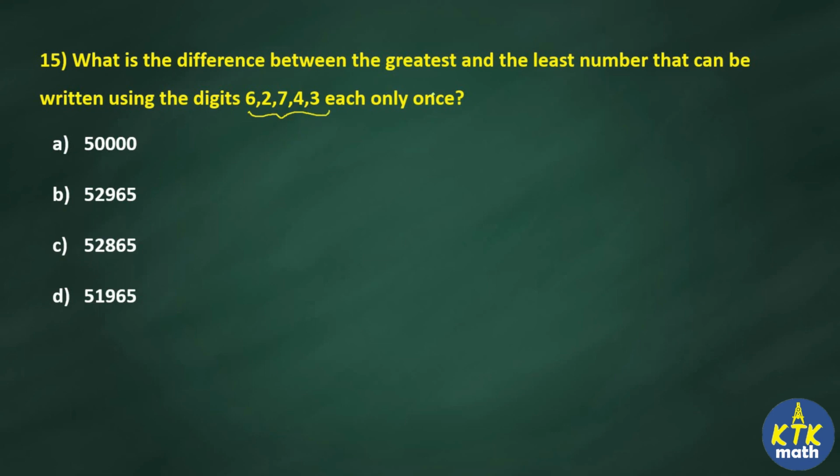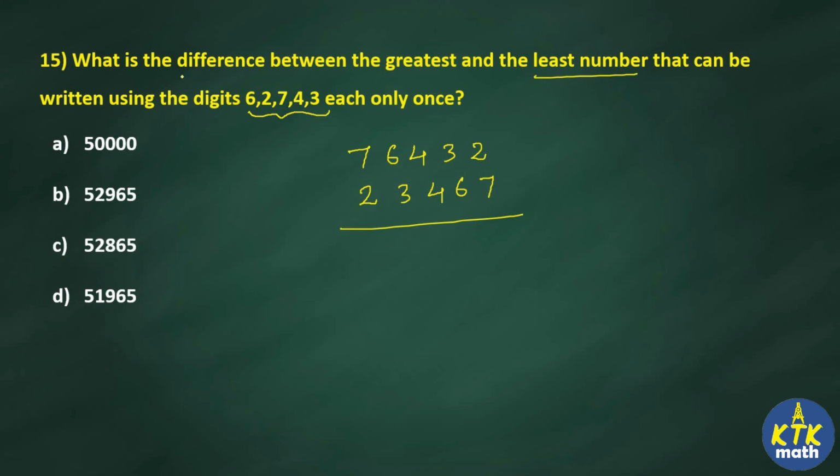Using these, first I need to find the greatest number. I told you already, to find the greatest number I need to arrange the digits from bigger to smaller, so 7 6 4 3 2. And then the least number I am going to write. Least number means very simple, you just reverse it or rewrite it from small to big, so 2 3 4 6 7.